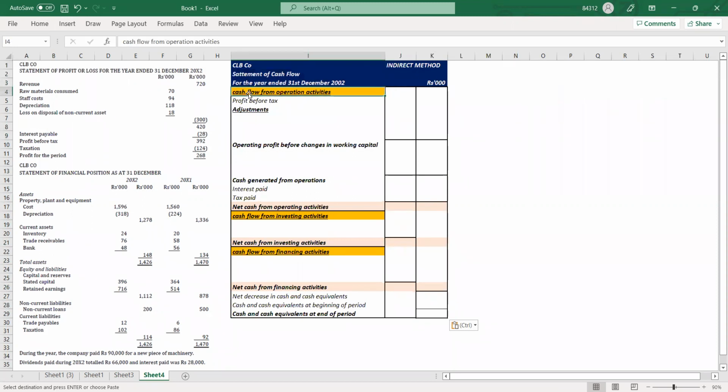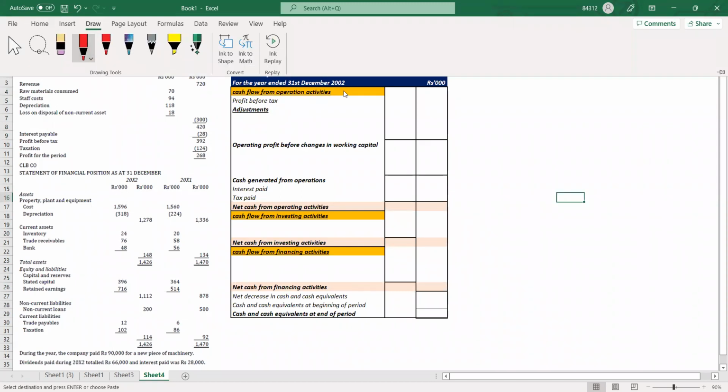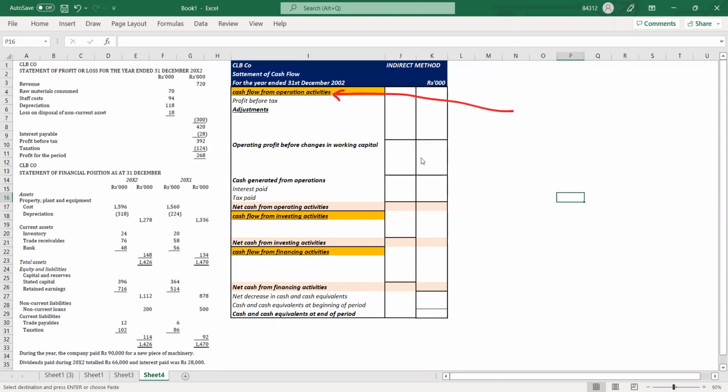Then cash flow from operating activities, cash flow from investing activities, cash flow from financing activities. Then profit before tax, adjustment, operating profit before changes in working capital, then interest paid, tax paid.